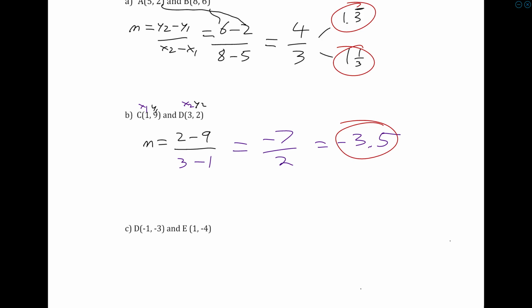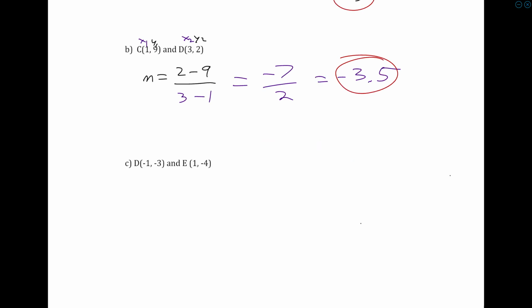How about this one? DE. Okay, so if I call this x1, y1, call this x2, y2, and I say that m is y2 minus y1 over x2 minus x1, now I've got negatives in the values. So I'm at a point in quadrant 3 and a point in quadrant 4. Let's do negative 4 minus negative 3. Uh-oh.